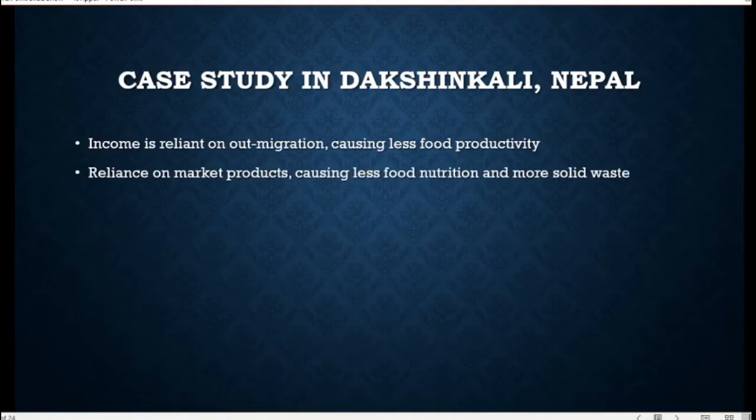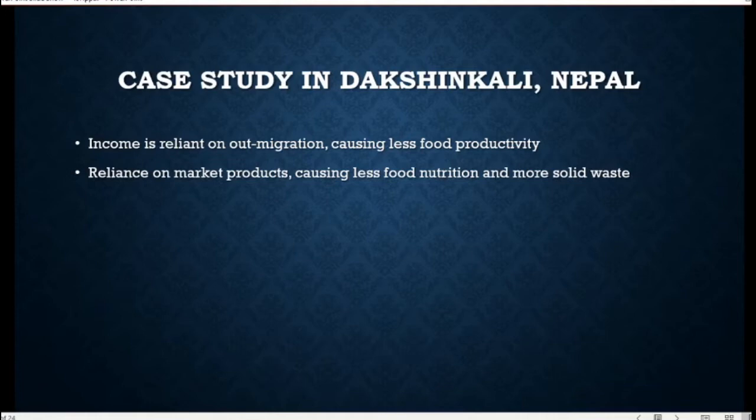And the reliance on market products, especially food products, actually causes a food nutrition problem, because a lot of the packaged market products are sort of junk food or sweet food like biscuits and instant noodles. Compared to what they usually ate before market penetration, such as fresh corn or milk products, these market products are much less nutritious.